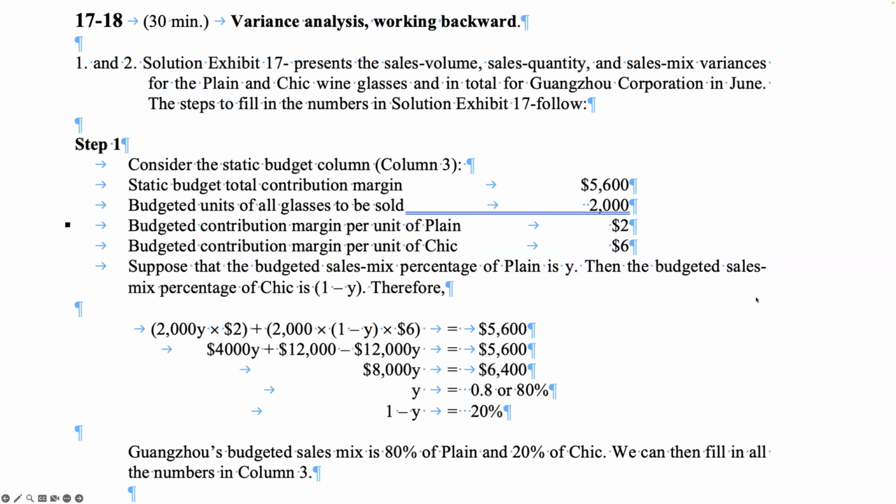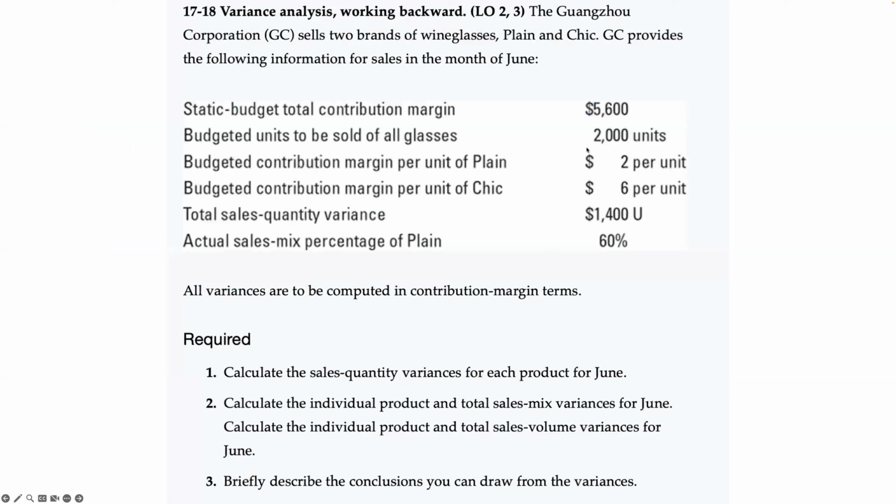So in this question, we were not given all the information. We know the actual mix. So actual mix is 60 for plain, 40 for chic, but we don't know the budget mix. We know the budgeted units to be sold, 2,000 units.